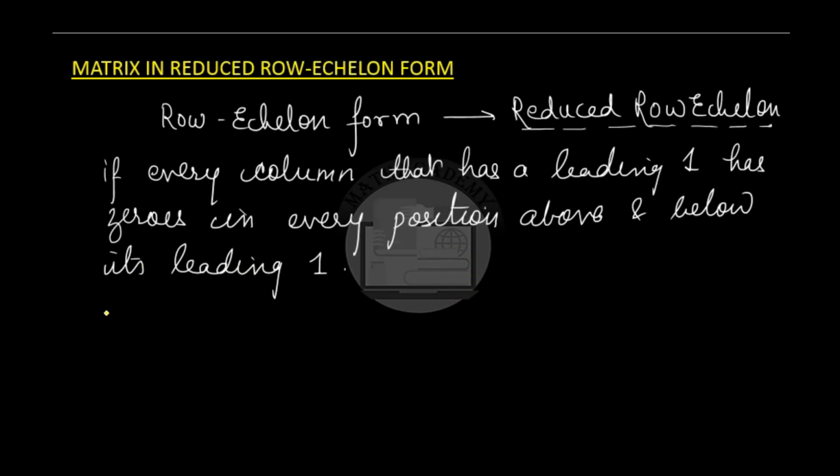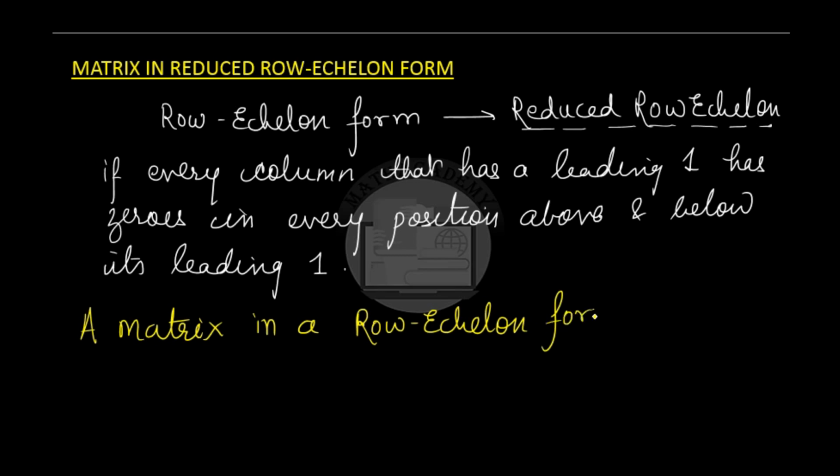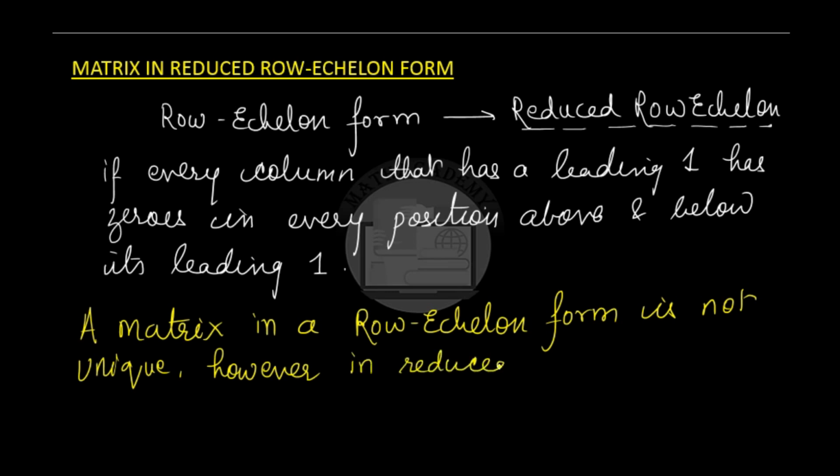And please note that a matrix in row echelon form is not unique. A matrix in reduced row echelon form is always a unique matrix.